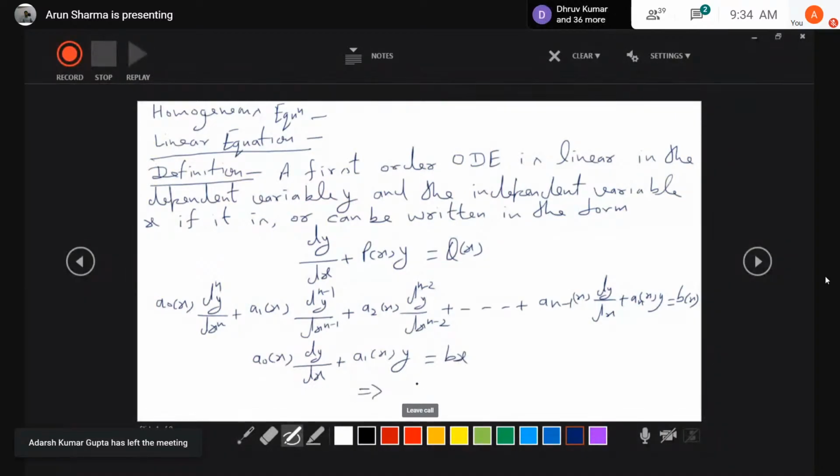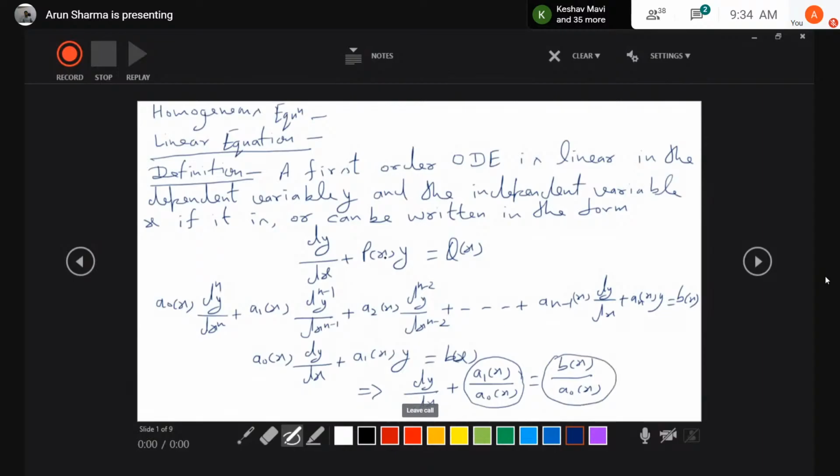You can write this equation as dy by dx plus a1(x) upon a0(x) times y equals b(x) upon a0(x). And now I am replacing these functions of x by p(x) and q(x). Can I go to the next slide?